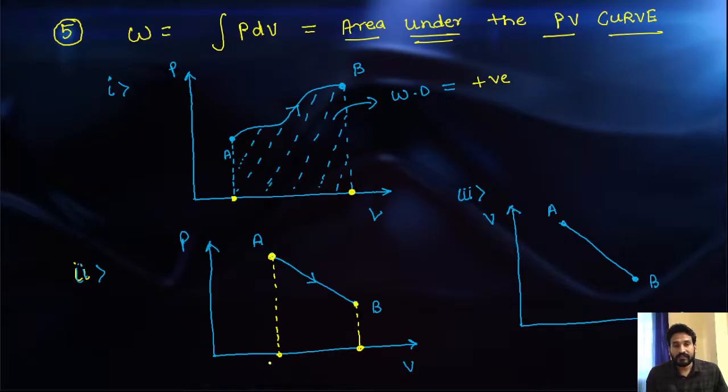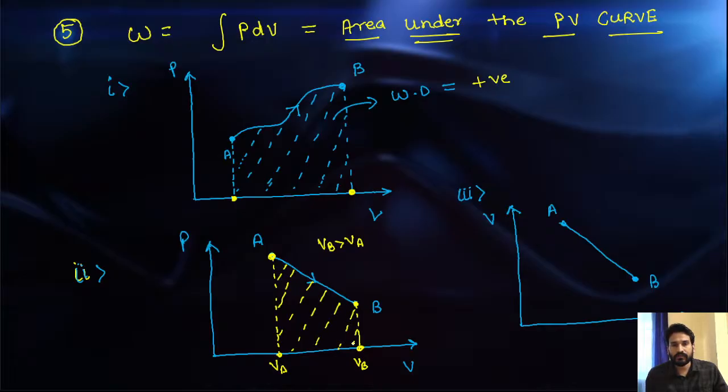We can clearly see that VB is greater than VA, it means as the process proceeds, my volume is increased. If volume is increased, then it is for sure the case of expansion, and if it is the case of expansion, it means the work done is positive.